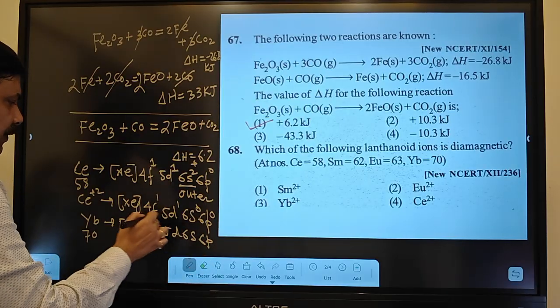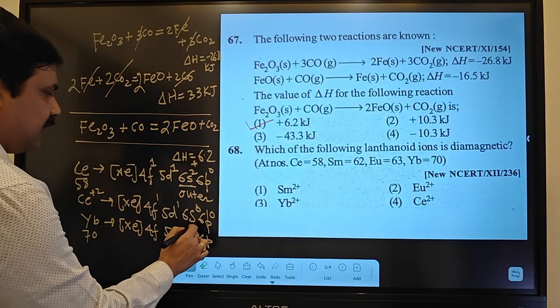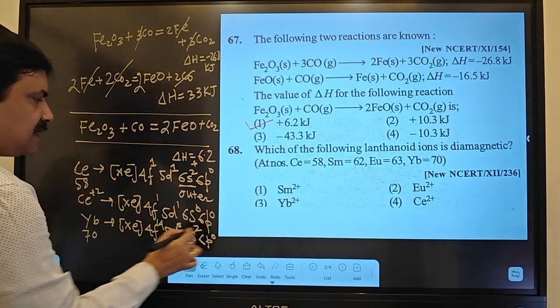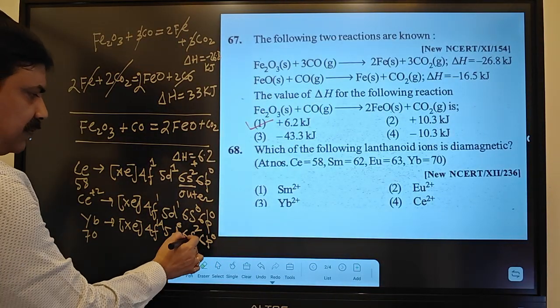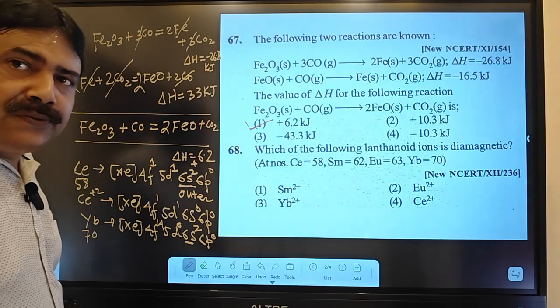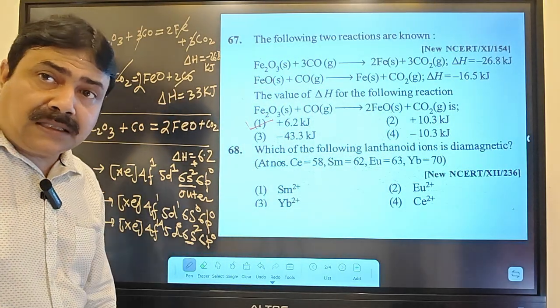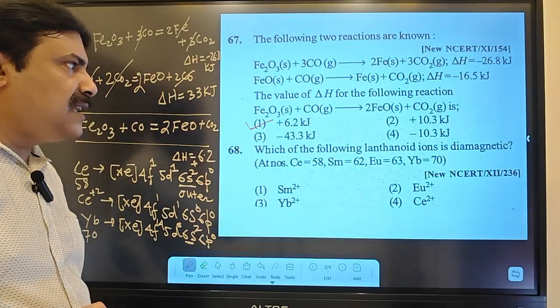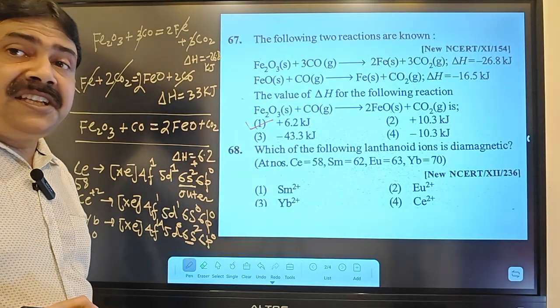So out of 70, 16 electrons are still left. That means here 2 and here 14. This is 0 and this is 0. Two electrons will be gone, meaning from 6s2, 2 electrons will be there, and f14 means f will be fully filled. There is no unpaired electron. That's why, as there is no unpaired electron, it will be diamagnetic in nature.